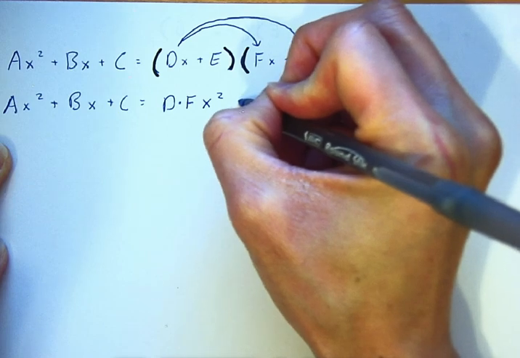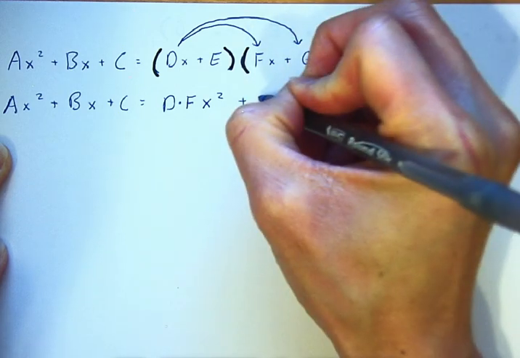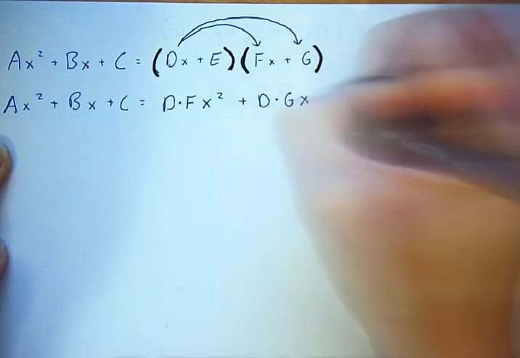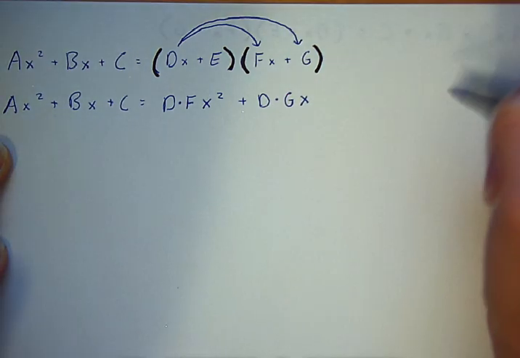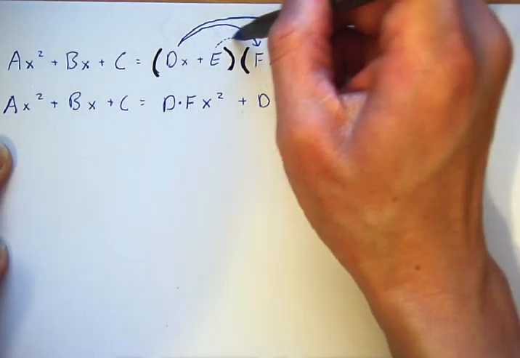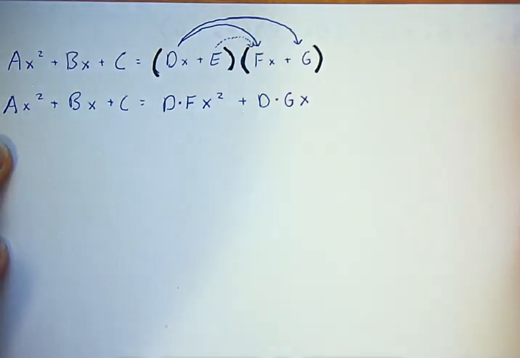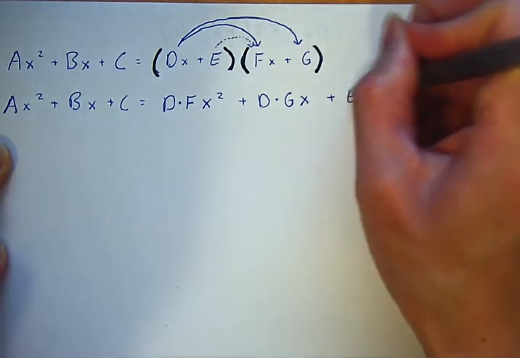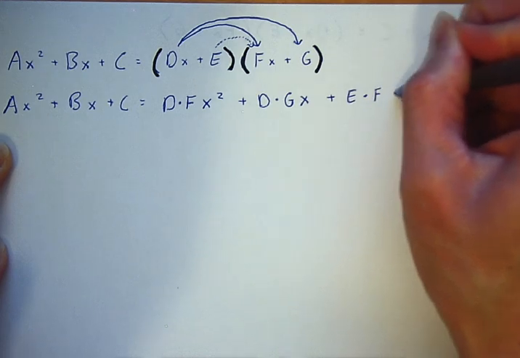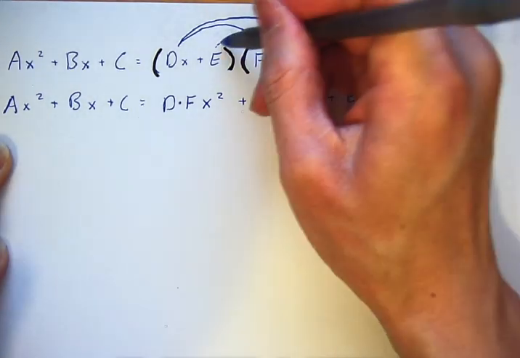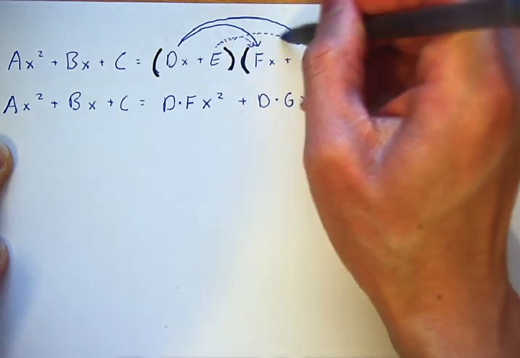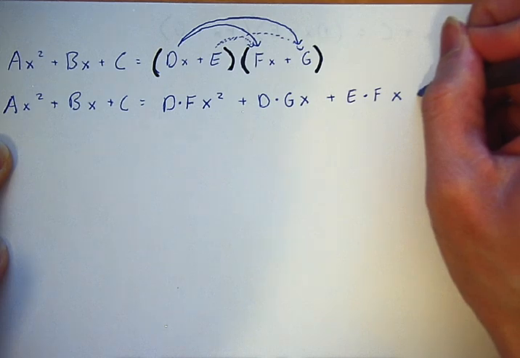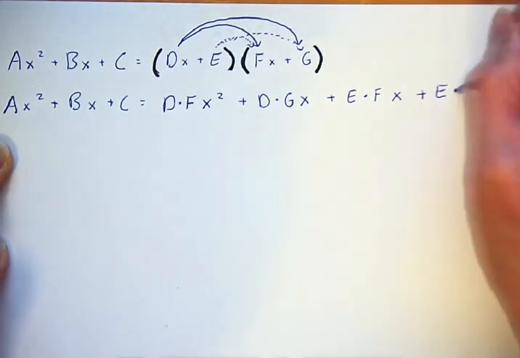That'll get you plus d times g x. Then let's do this one, e multiply fx. That gets you plus e times f x. And finally, your e multiply the other one. So e times g, that's just a number times a number, gets you e times g.